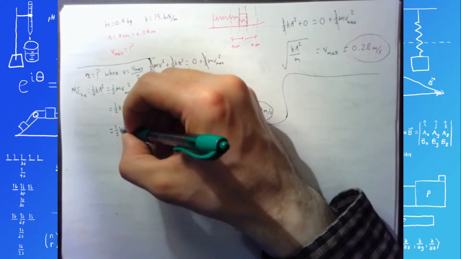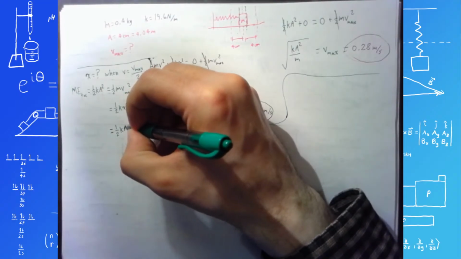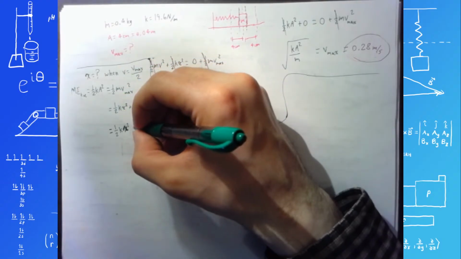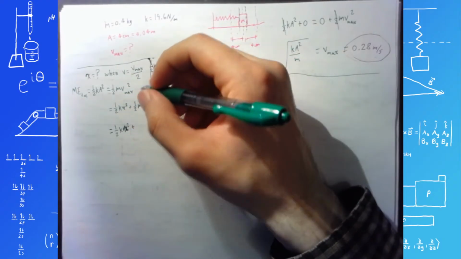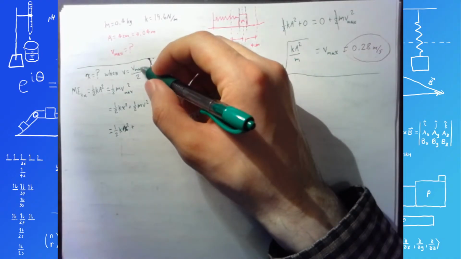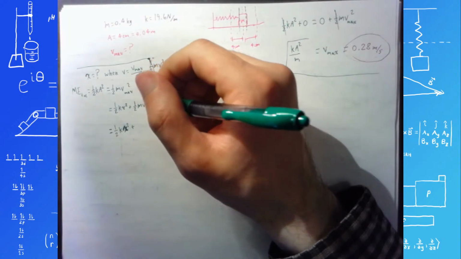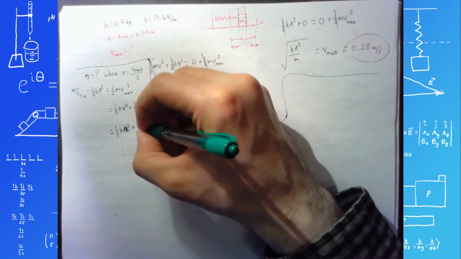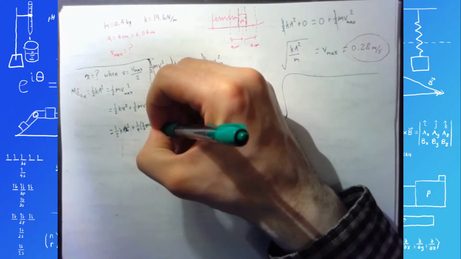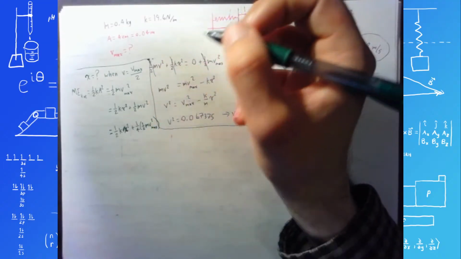So 1/2 kx squared plus, let's see, v gets replaced with v max over 2, and if I square that, that's v max squared over 4, so I'm going to have a 1/4 times 1/2 mv max squared.